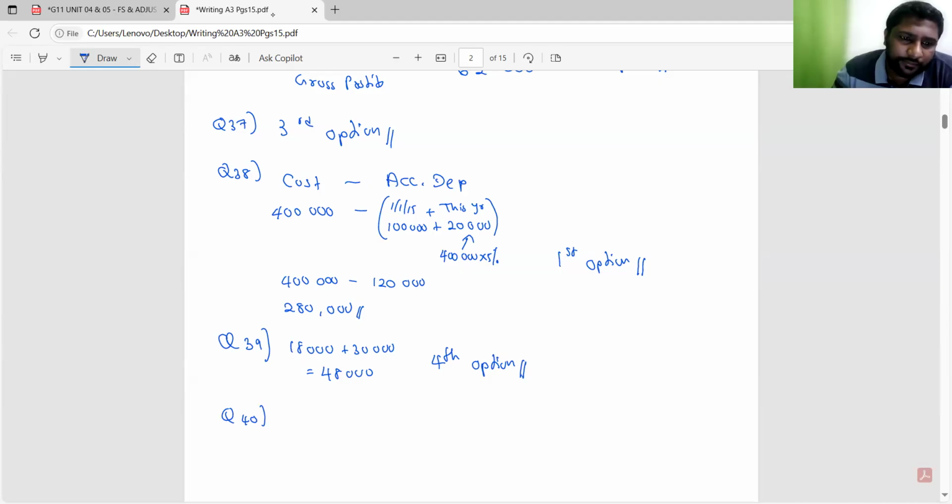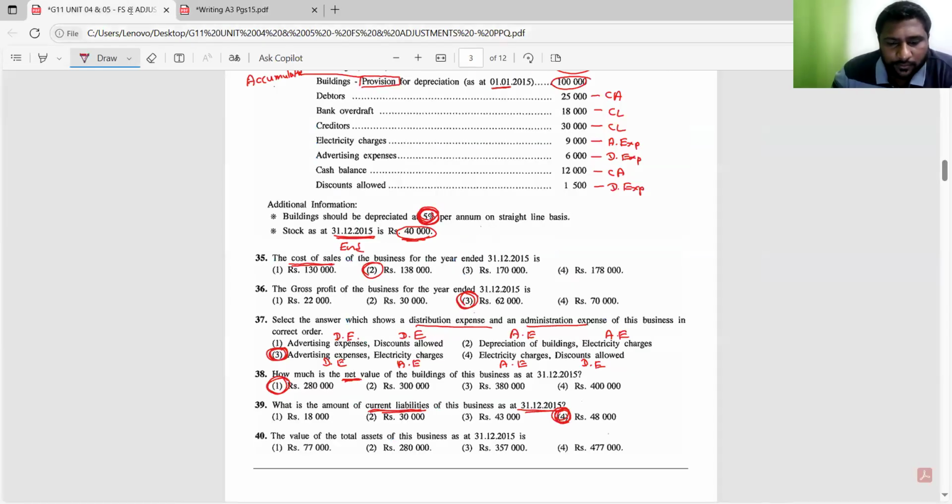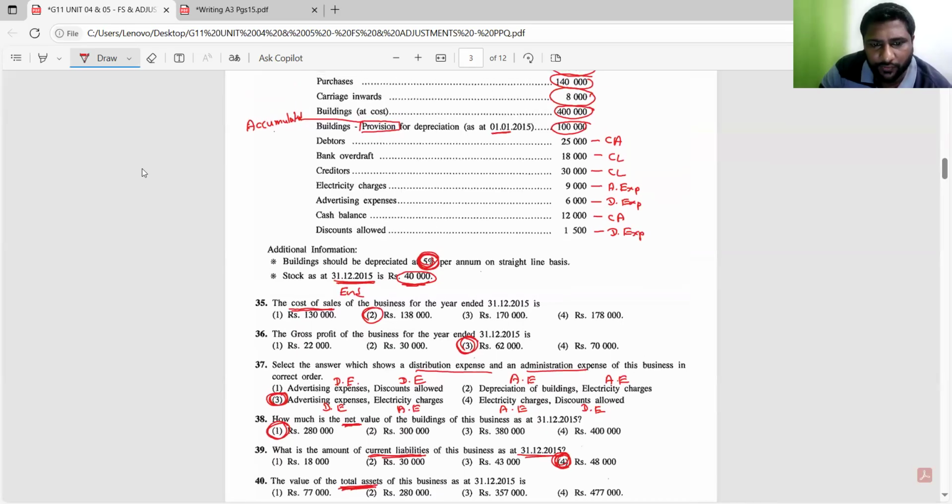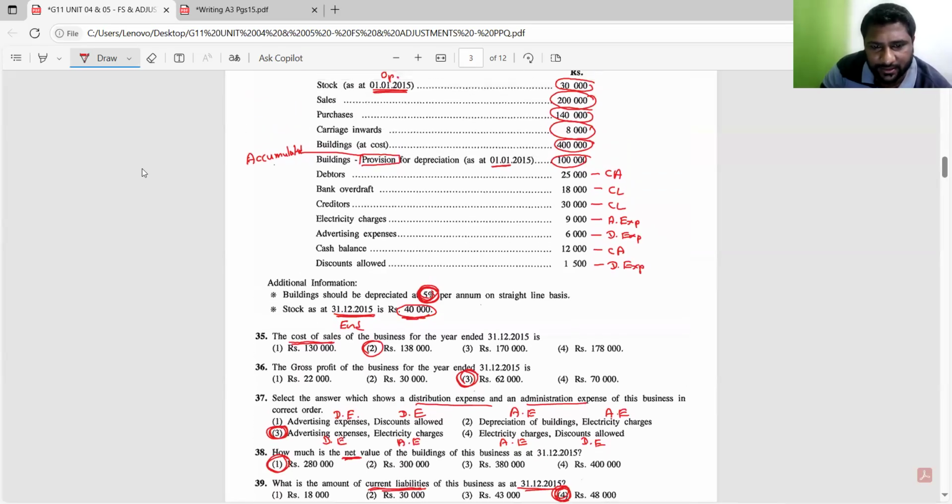Question 40. The value of the total assets.